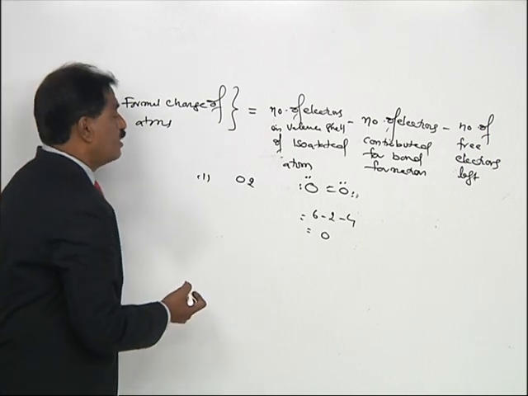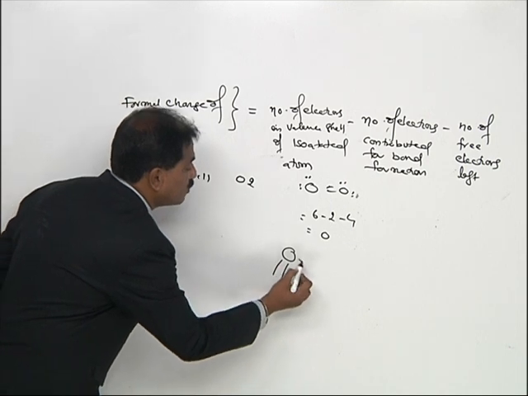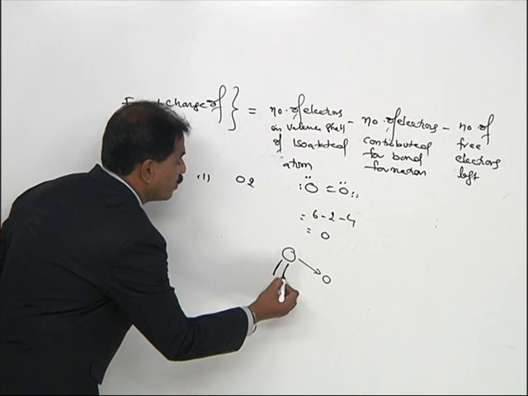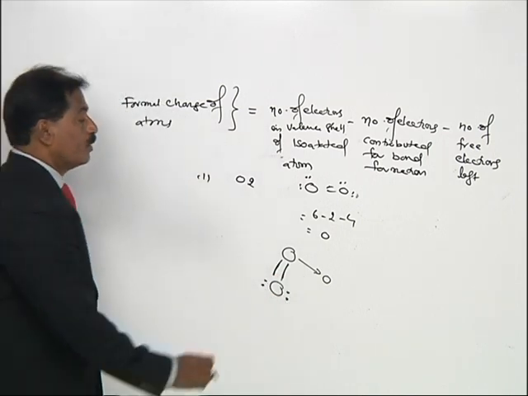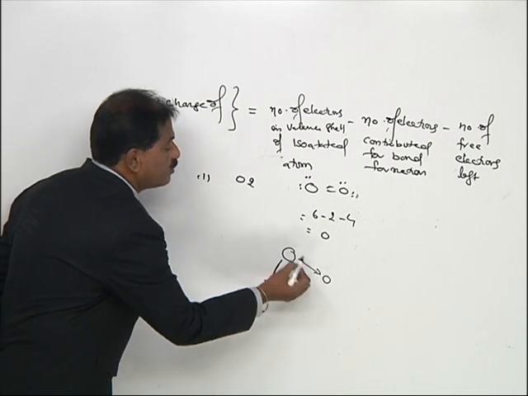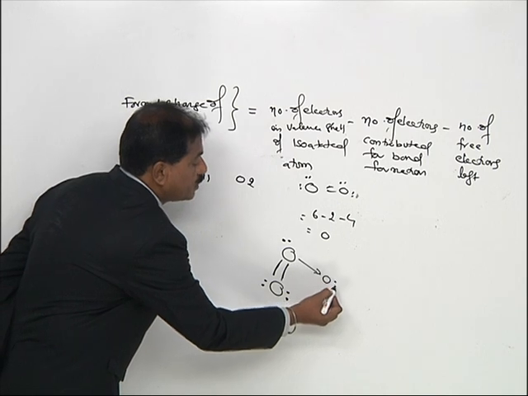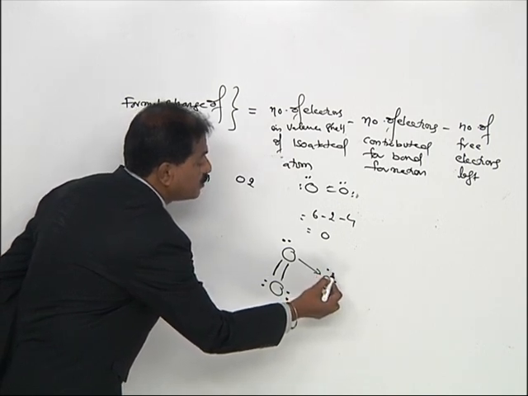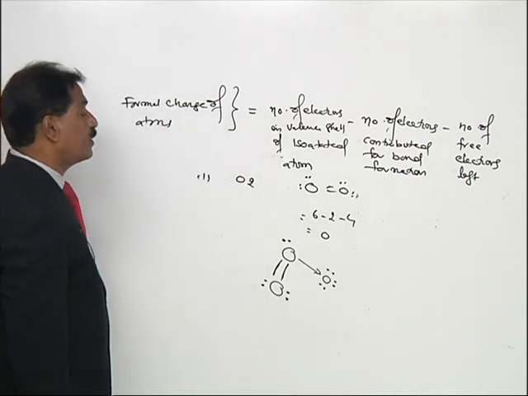Similarly, let us calculate the formal charge of each oxygen in the ozone molecule. Here 2 lone pairs of electrons are present. Here one lone pair of electrons has been donated to this oxygen, so here only one lone pair is left. Here originally 2 lone pairs of electrons were there. Now after receiving one lone pair, it becomes the third lone pair.